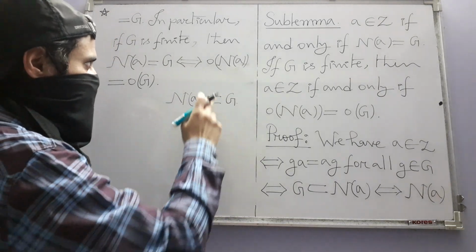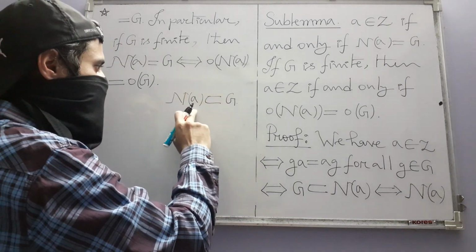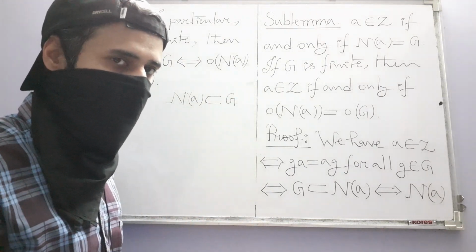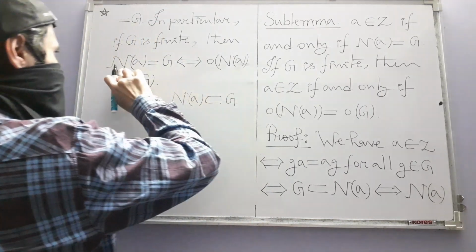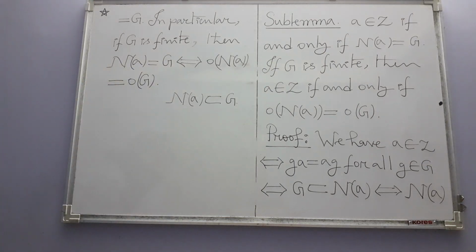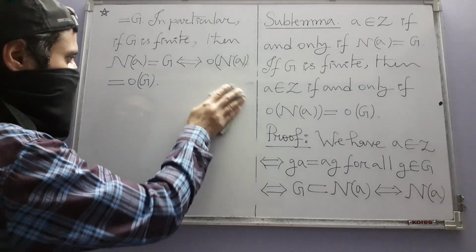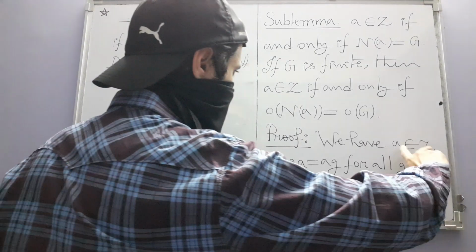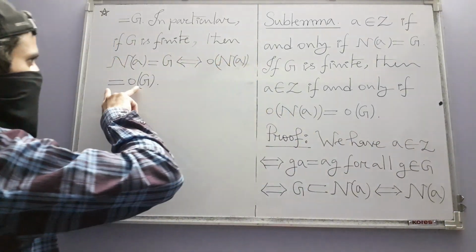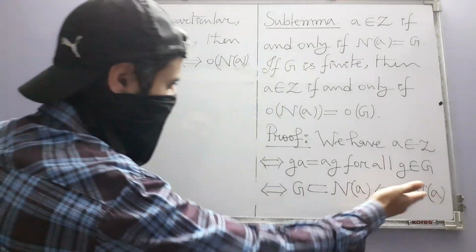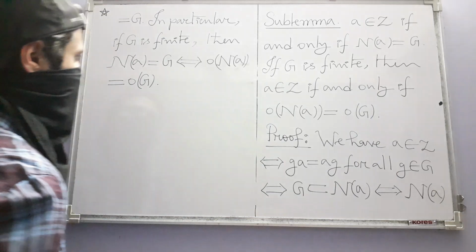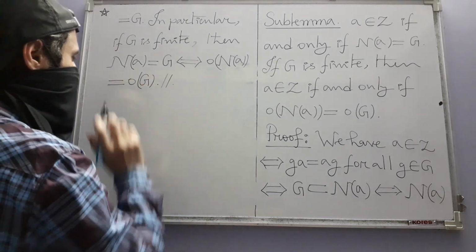Along with that, if someone also says that NA has the same number of elements as G, then they have to be the same set. That's how we get to this. So that means if G is finite, then this is equivalent to this, because we have this intermediate thing, NA and G being equal. So that is the proof.